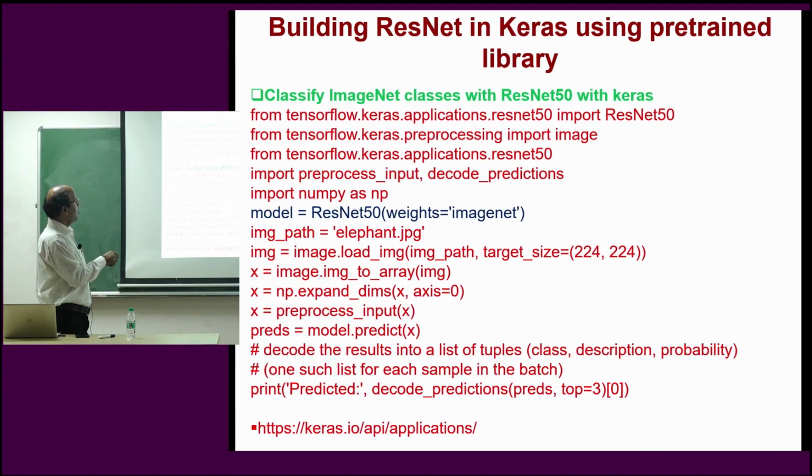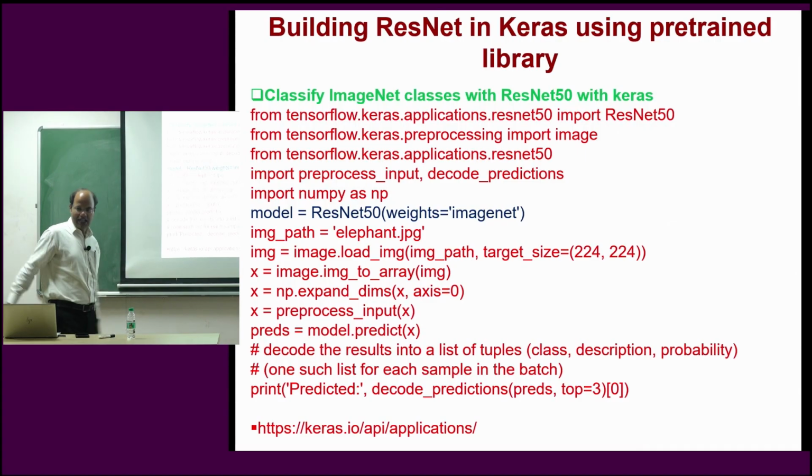Then model equal to ResNet50, weights equal to ImageNet. That means I am going to work with the pre-trained weights. I am not training from scratch because I am using the ImageNet weights here. Then give the path, load the image, convert it to an array, expand dimensions, then preprocess, then model.predict.